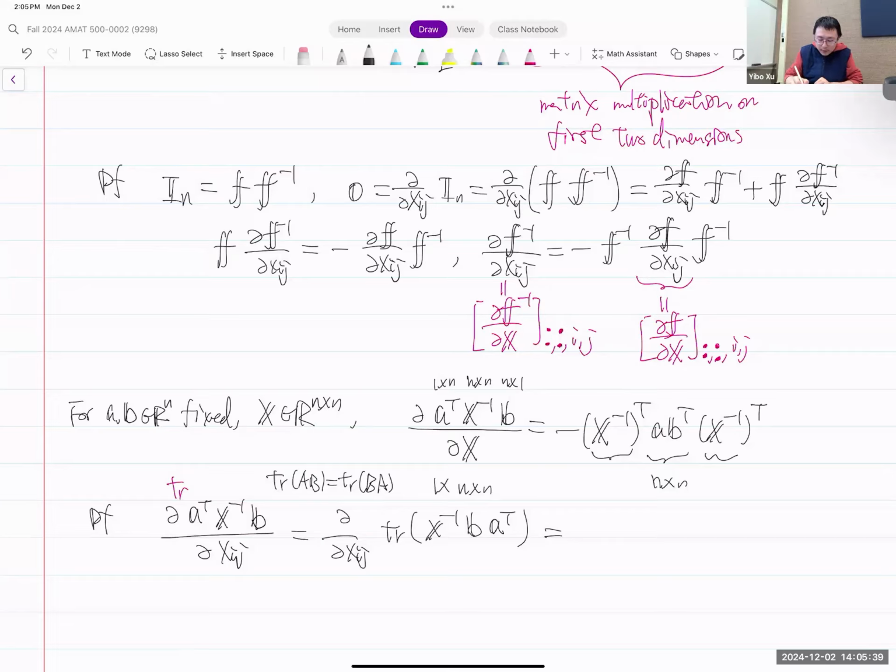And now the trace is actually a sum. So one of the previous equations tells you that you can take the trace out and do the partial derivative on the inside. Just now you realize that X inverse is an n by n matrix, B A transpose is an n by n matrix. So in the bracket I have an n by n matrix. Now the partial is still a matrix, so I have to take the trace after I do the partial.